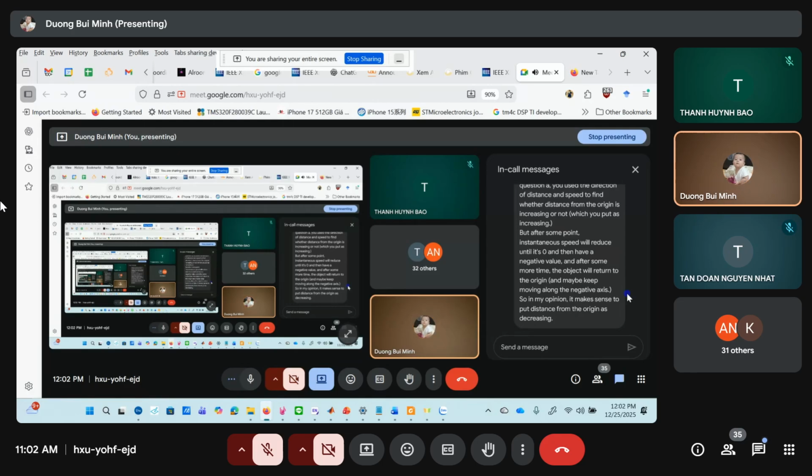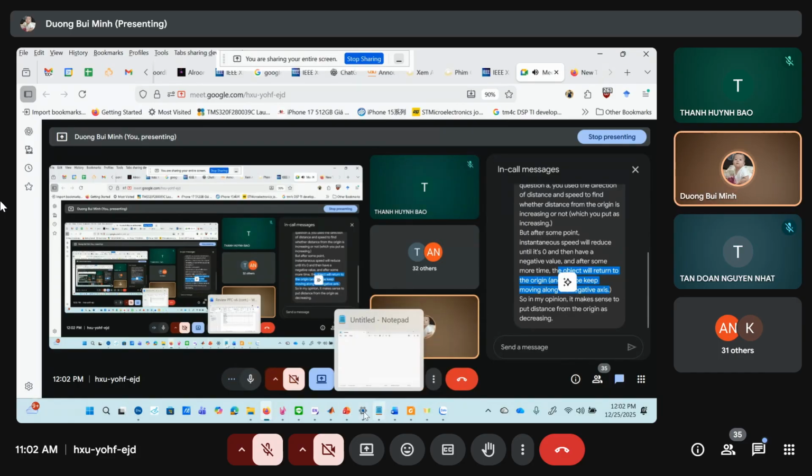Yes, that is correct. Continue. And after some more time, the object will return to the origin. That is also correct. So we put distance from the origin as the reason.